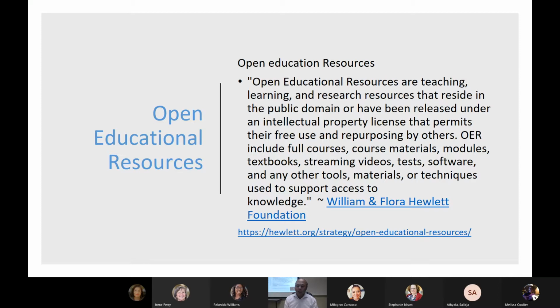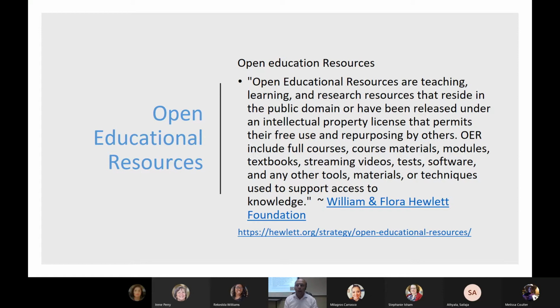OER include full courses, course materials, modules, textbooks, streaming videos, software, or any other type of materials that can support knowledge. In one sentence, open educational resources are accessible to any person who has internet access.